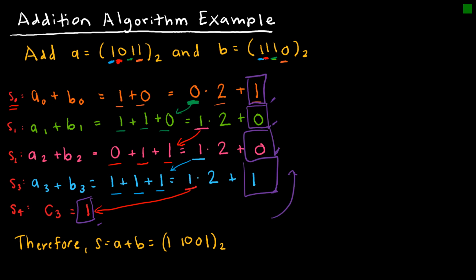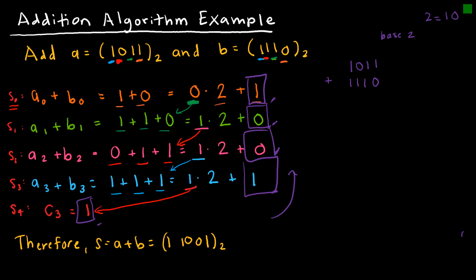Now this algorithm is great and all, but it's essentially the same thing. If I were actually going to have to add these together, 1 0 1 1 plus 1 1 1 0, I would actually just add them old school, keeping in mind that this is base 2, so if I add two values together and I get a 2, then that means I have to use 1 0, which basically means I'm just carrying the carryover, just like I did in the algorithm.